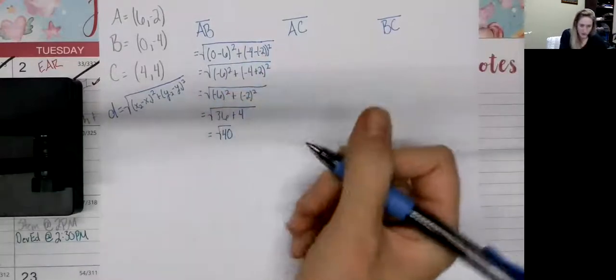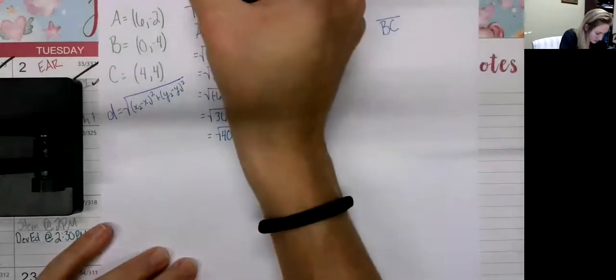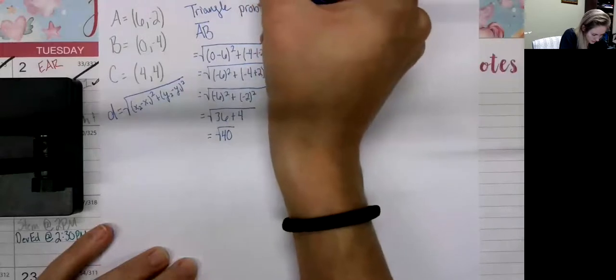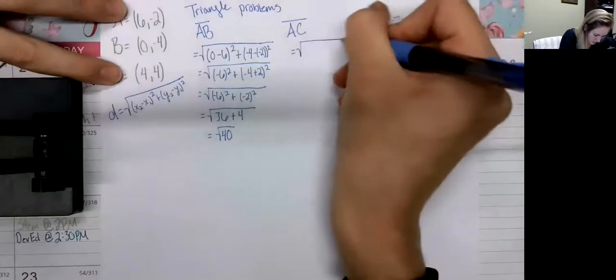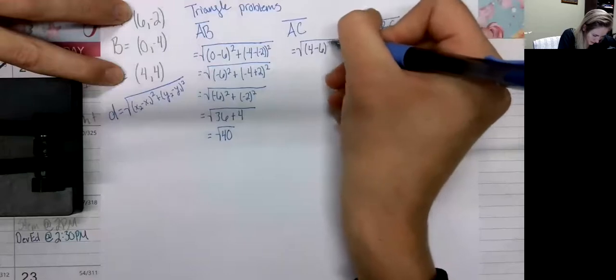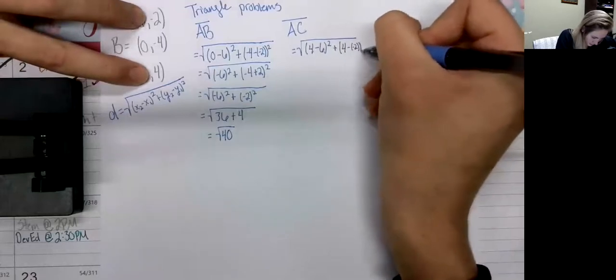Now when I'm working out these triangle problems, I do not simplify my radicals just because I'd have to undo that if I was to simplify them. So I don't simplify my radicals in the triangle problems. Anyway, AC now, we would have 4 subtract 6 squared plus 4 subtract negative 2 squared.